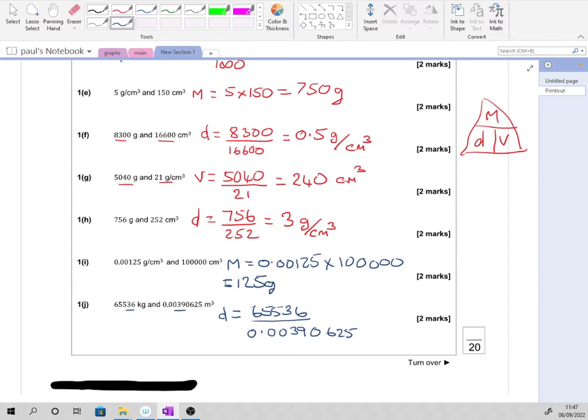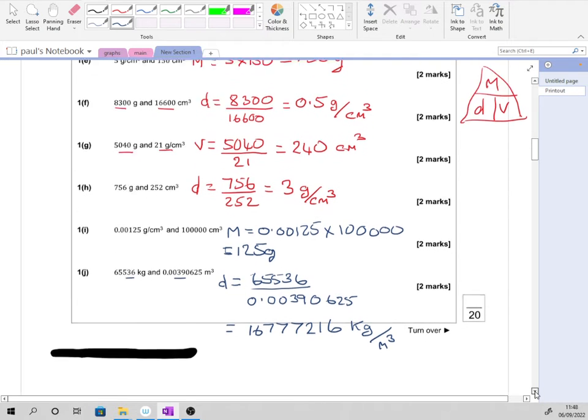Okay, so 65536 divided by 0.00390625 is equal to 16777216. The density is the mass divided by the volume, and this density is in kilograms per meter cubed. So we've got to look at what the units are. Whoa, this is hard, isn't it?